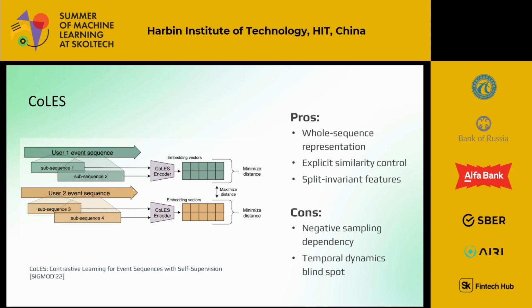To improve the learning process, we should find difficult samples. That means we should find clients who are different but look similar, and try to make embeddings for them different.